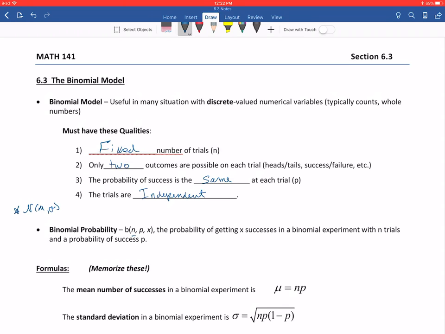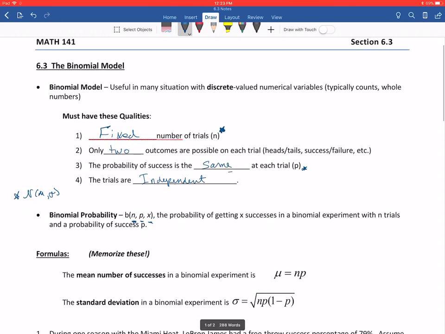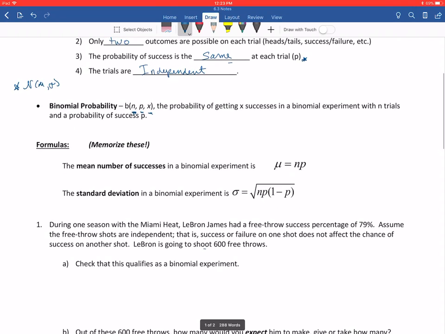The binomial model has the B for binomial, and then we have n. n is how many trials there are going to be, because they're fixed, so we know how many trials are supposed to happen. p is the probability of success, and that's going to be the same after every trial. And the last is x. x is how many successes you are trying to see, how many out of the fixed number of trials we are looking for to be a success.